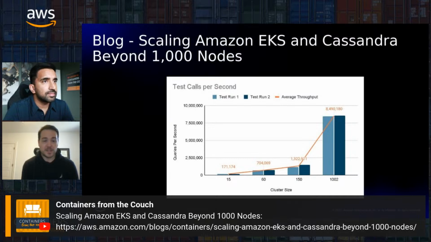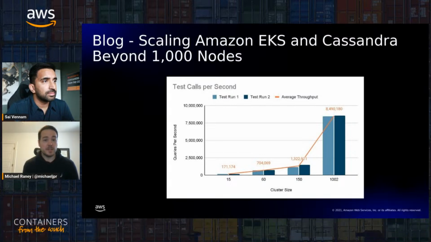This really simplifies it, allows you to go back to focusing on the configurations and things that you want to scale, versus a lot of time on redundant work of setting up additional nodes, etc. So this is a really great blog to read if you're interested in running Cassandra on EKS.